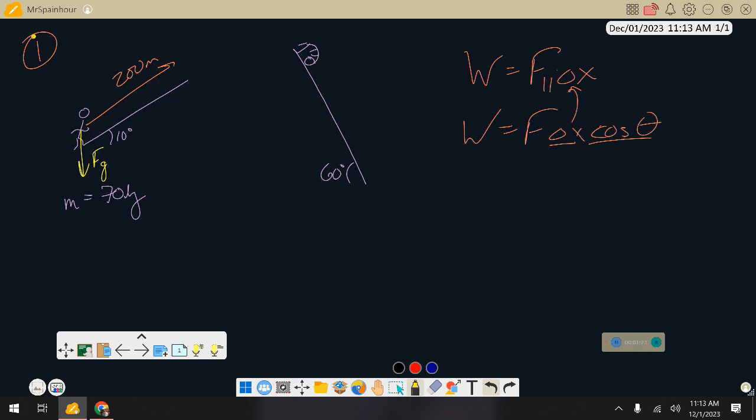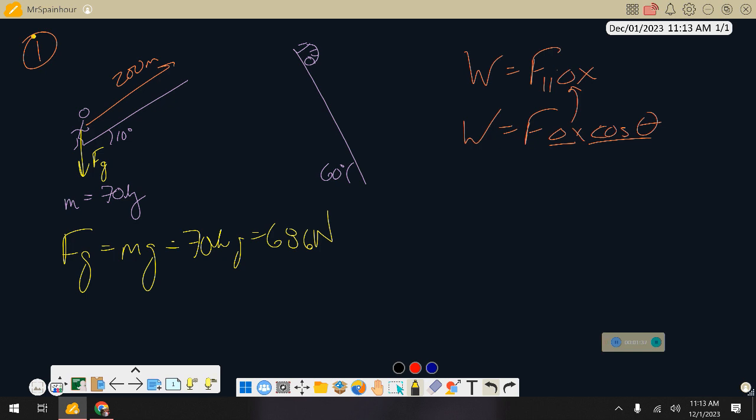To use that first equation, I need to find the force of gravity in my particular problem, which is going to be mg, or 70 kilograms times g, or 686 newtons. Now in your problem, I believe you are given pounds for the particular object. Keep in mind that pounds are another measurement of force. Force of gravity is in pounds. It's just a conversion.